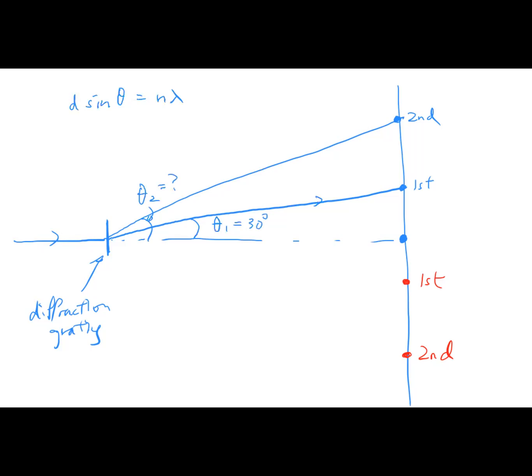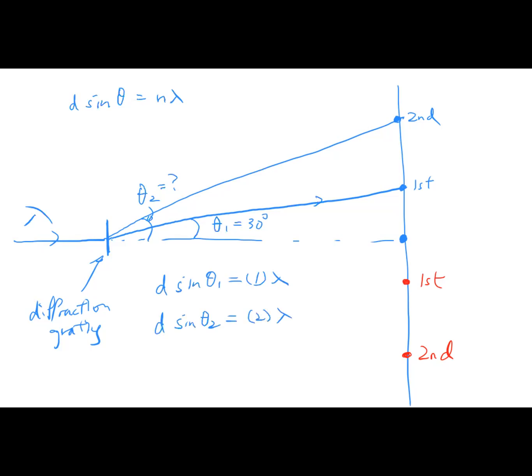Now, notice that the light slanting to the grating will have the same wavelength. So for two angles, I can set up two equations. The first equation is d sine theta 1 equal to 1 times lambda, right? The second equation is d sine theta 2 equal to 2 times lambda.